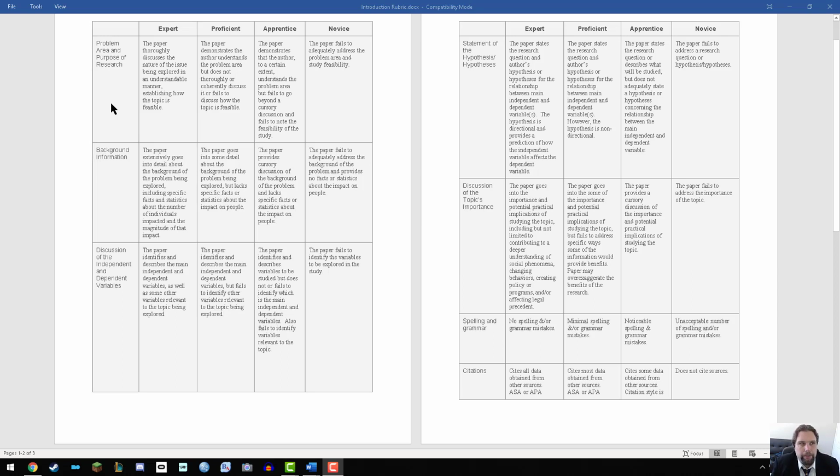Background information. So the paper extensively goes into detail about the background of the problem being explored, including specific facts and statistics about the number of individuals impacted and the magnitude of that impact, right? So you want to go into the nitty-gritty about this problem, any specific information that you can provide related to that problem.